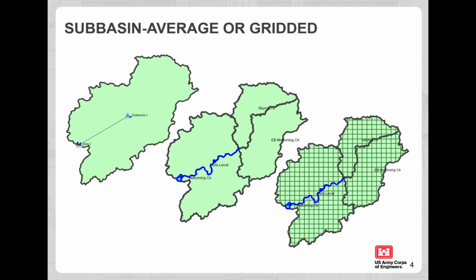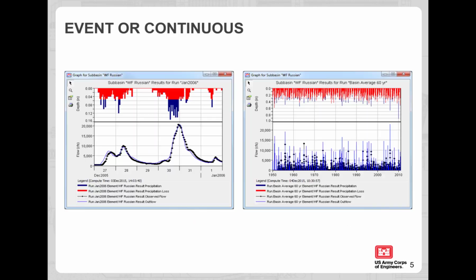Each subbasin can be parameterized with unique values. In the case on the right, the basin is divided into gridded subbasins where each grid cell can have unique parameterizations. It is common practice to define gridded precipitation and temperature boundary conditions and compute excess precipitation and infiltration on a per grid cell basis.